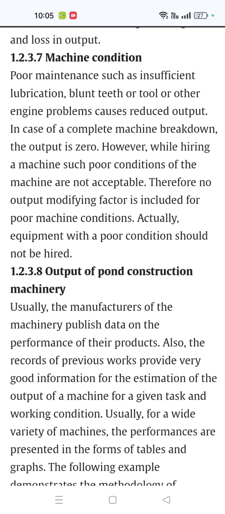However, poor conditions of the machine are not acceptable. Therefore, no output modifying factor is included for poor machine condition. Actually, equipment in poor condition should not be used.